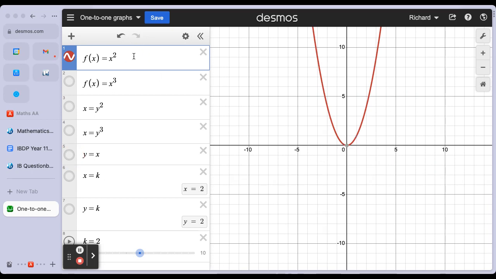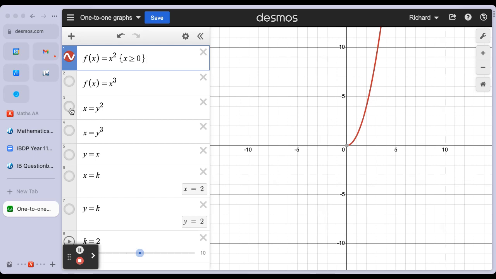Okay, so by restricting it, we change the domain so that it is now all real x as long as x is greater than or equal to 0. In other words, from 0 to infinity. The range is also from 0 to infinity.